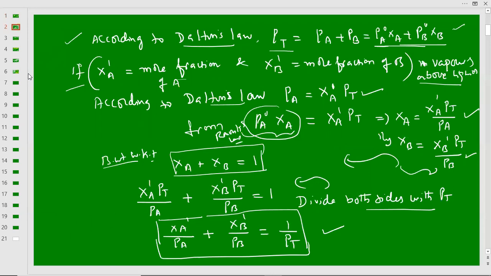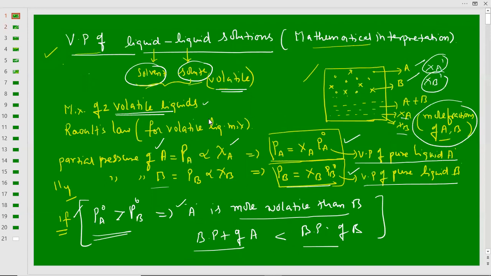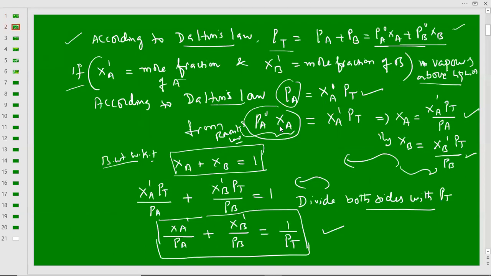What is Raoult's law? In Raoult's law, we have said that PA is equal to XA into PA naught. So if you substitute here, then you will get XA dash into PT is PA naught into XA. From that, I got XA is equal to XA dash into PT by PA naught. Similarly, you can find the XB value, that is XB is equal to XB dash into PT by PB naught.